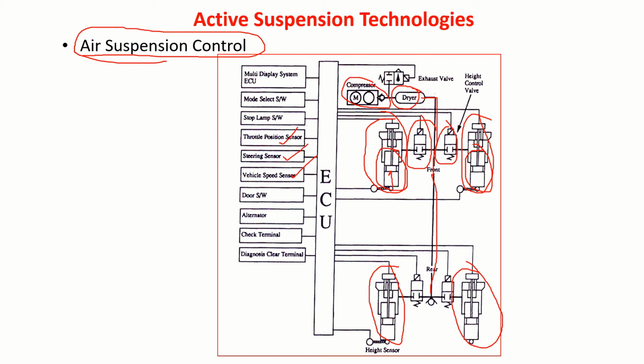Then from here you can supply the air to the front wheels. Also you can supply the air to the rear wheels, correct? Either you supply the air or release the air. So depending on that, the suspension heights can be adjusted. That's what it means.